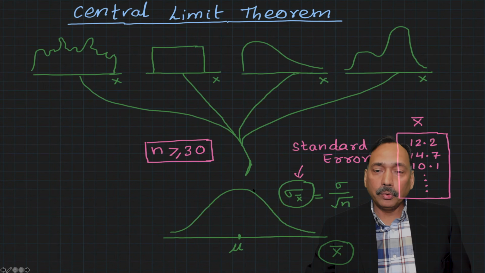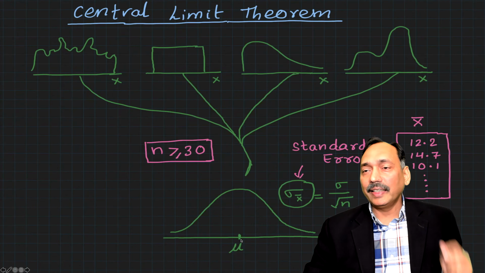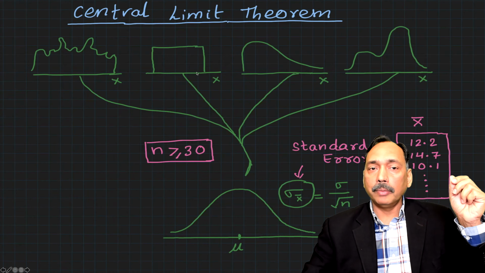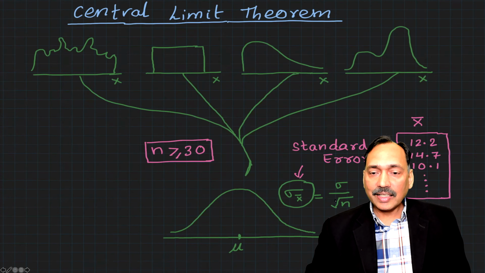So it is going to look like a normal distribution with the same mean as the original distribution, but the variability is not going to be the same. Sigma is the variability of the distribution of x, so the variability here will be sigma divided by square root of n. If n is 30, it is going to look like this.